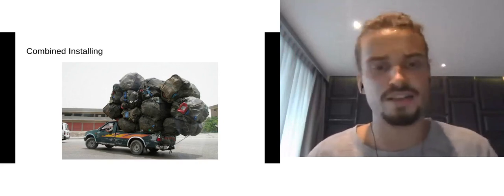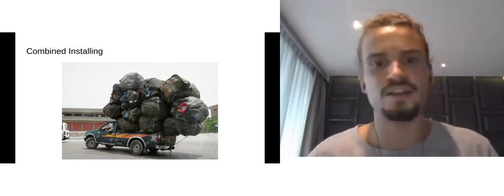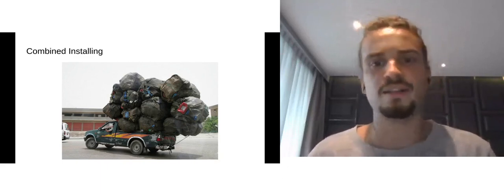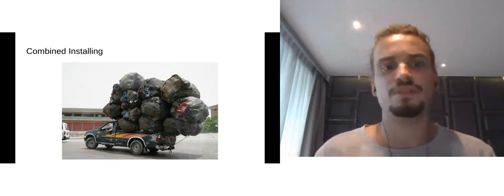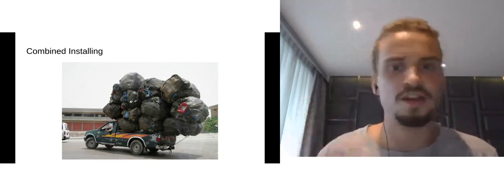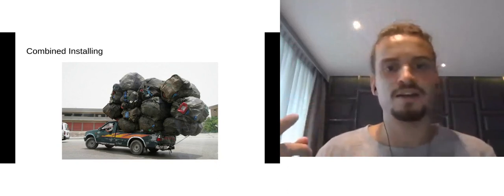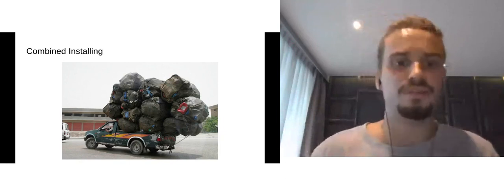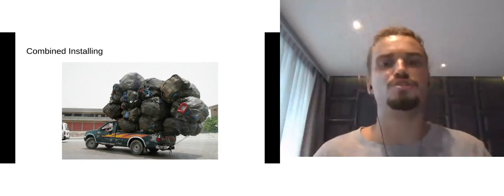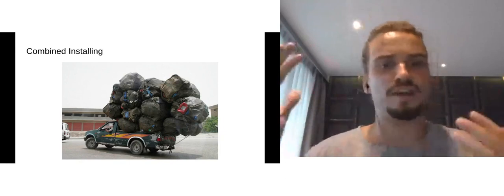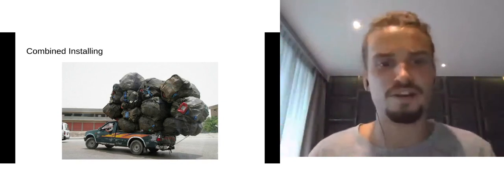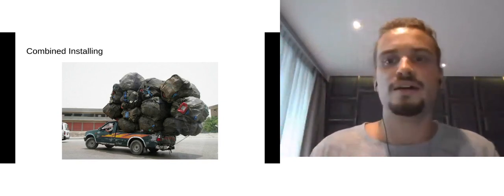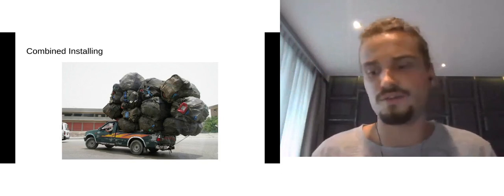I can cache them nicely. The build times will be faster. The build in general is more incremental. If I have a little change in the main package, I only have to rebuild that package and not all the packages again. But the way it's done with some Nix tools right now is that they install like 1,000 packages in one derivation, which is very bad for caching, very bad for build times. So this is something we try to avoid.